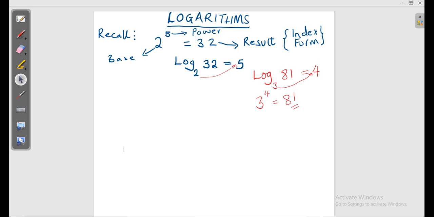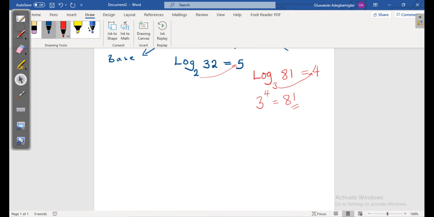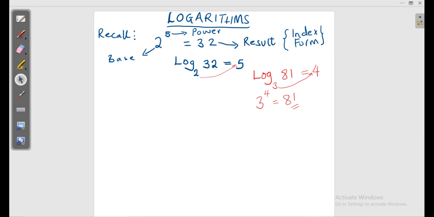Now, the next thing we want to consider is how to evaluate logarithms.